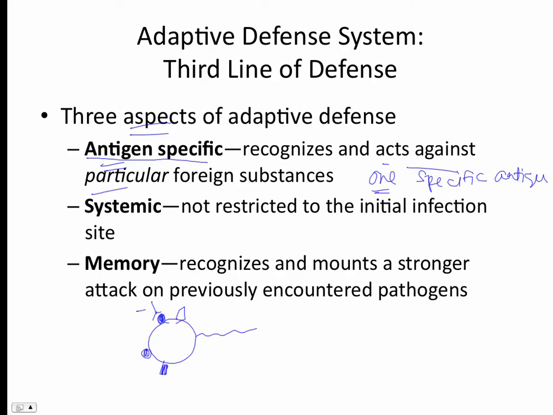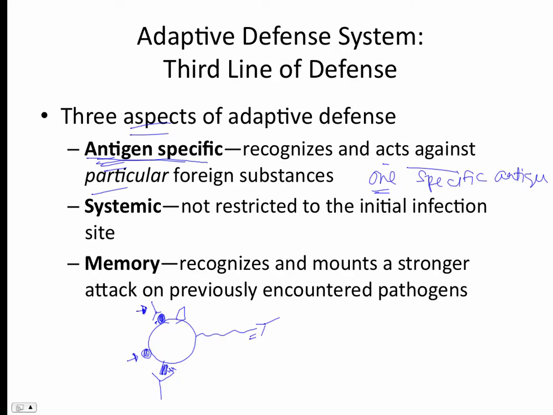So an antibody that we produce in our own bodies can recognize, for example, this receptor. Another antibody can recognize maybe the end of this flagella. Another antibody can recognize this protein surface marker over here. So it's only going to recognize a very specific and unique marker.